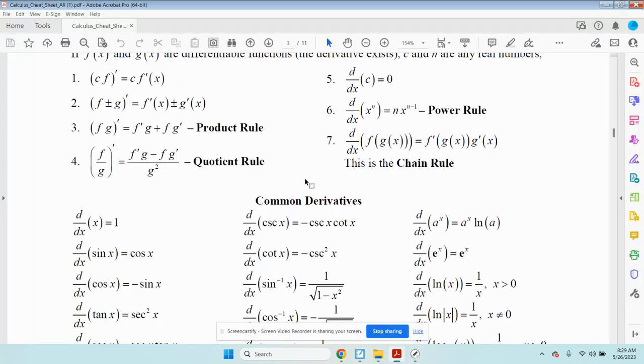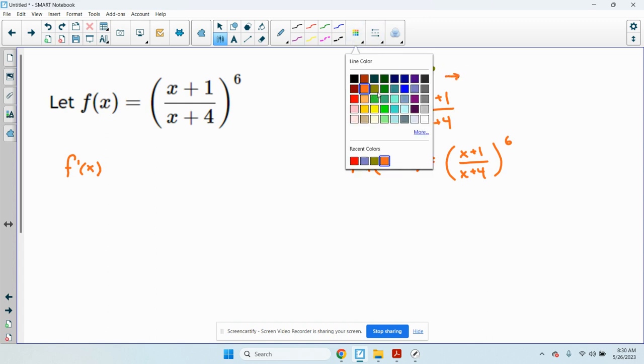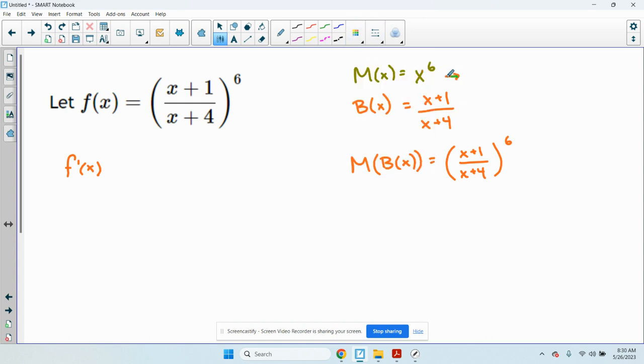So if we go to the formula sheet, for nested functions like this, here we have the derivative of f of g of x. g is sitting inside f. We differentiate f, but leave g inside, then multiply by the derivative of g. So if I differentiate the mom, let's go back to green here, M prime is going to be 6x to the fifth.